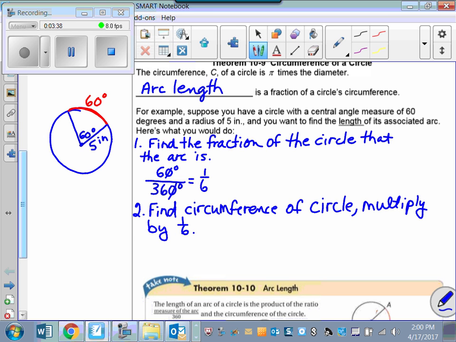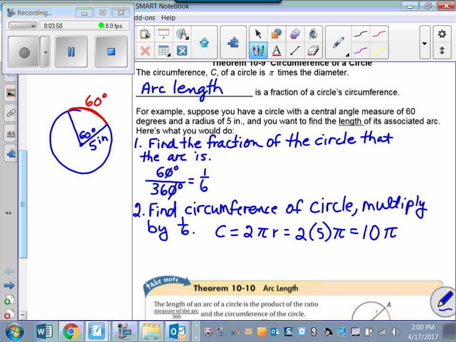In any circle all you got to do is find the fraction that the arc is and then multiply it by the circumference. So what is the circumference? It's pi times diameter, or 2 pi r, which is 2 times 5 times pi, so that's 10 pi.